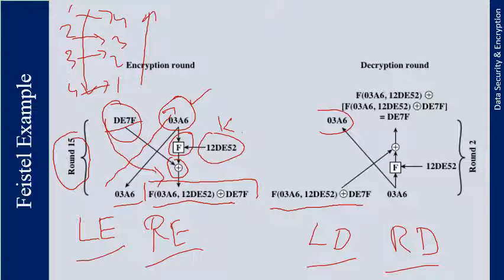Similarly, again the same algorithm is used, and we pass the same value to the f function, and that is combined with the key, and we pass this value to an XOR gate, which is XORed with the combination of this value. So we get the result: f function of one input with the key, XOR the f function of the same input with the key, plus another input.